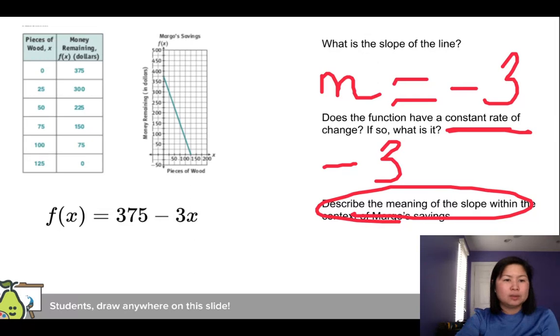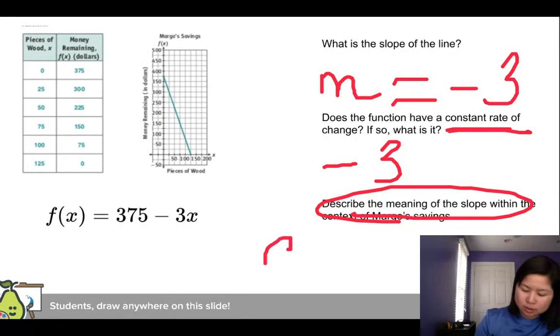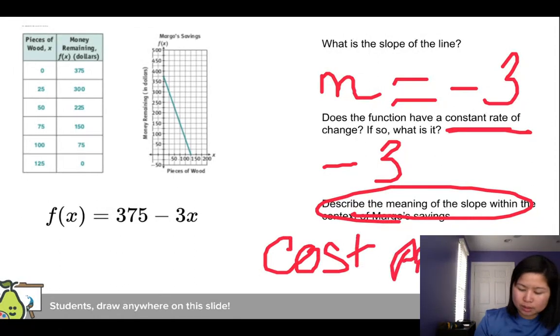I'm seeing some of you answer my question, so I'm going to wait. The cost per piece, yes. So this one, the slope represents the cost per piece, right?